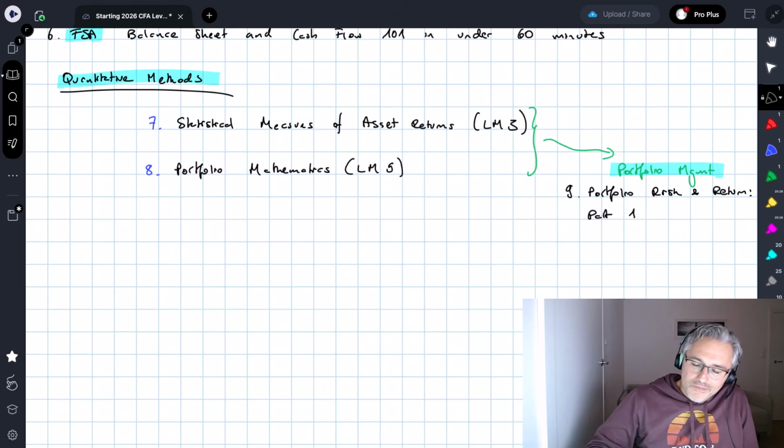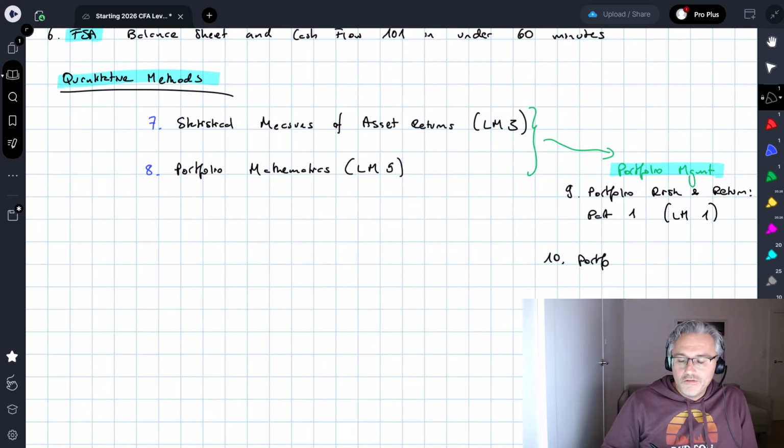And then, very importantly, as step number 10, we've got another module. So this is learning module number 1 within portfolio management for the 2026 CFA Level 1 exam.